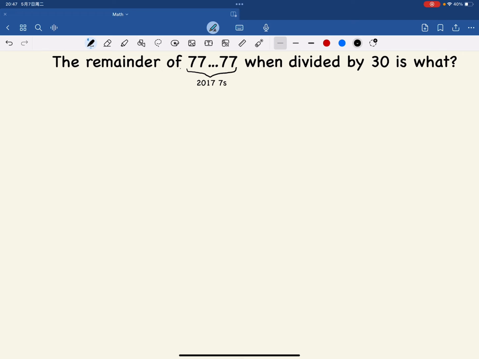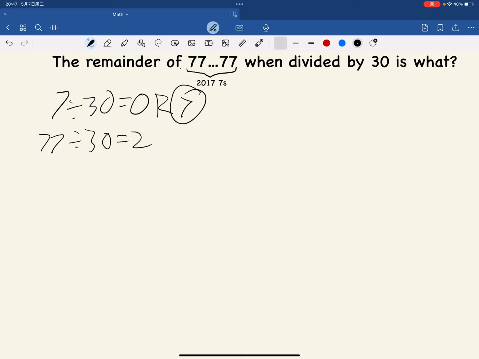So we start with one 7. 7 divided by 30 equals 0, remainder 7. And the remainder is really important, and you'll know why later. 77 divided by 30 equals 2, remainder 17.